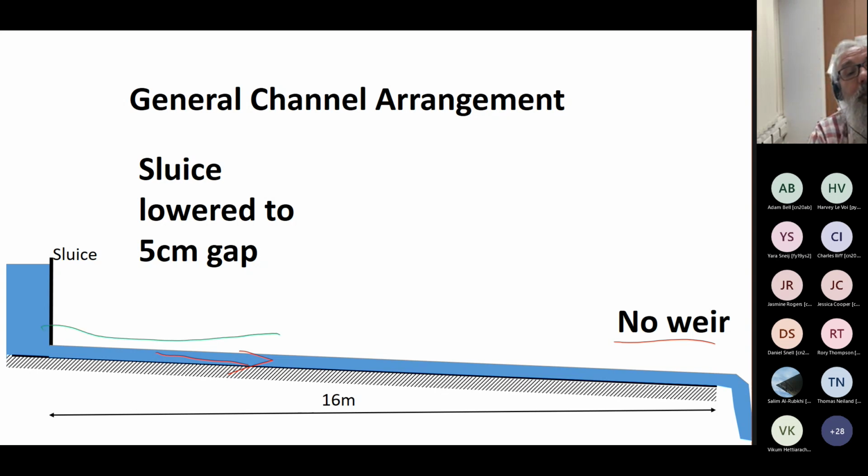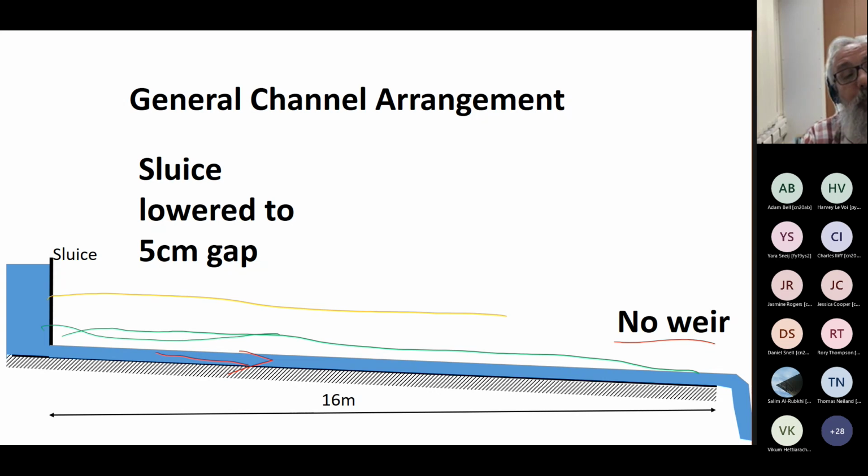Oops, it's not very good. It's meant to be a straight line. Normal depth about there, and you get critical depth above it. So for this particular channel, it's actually a steep channel. So you would get supercritical flow if it was long enough to achieve uniform flow, but actually it's not long enough for that.